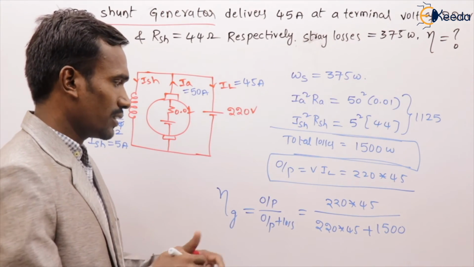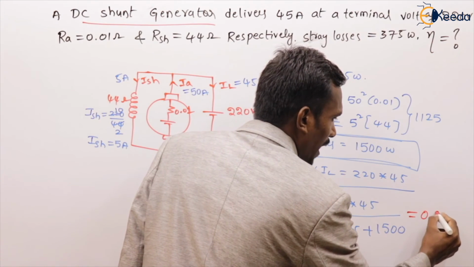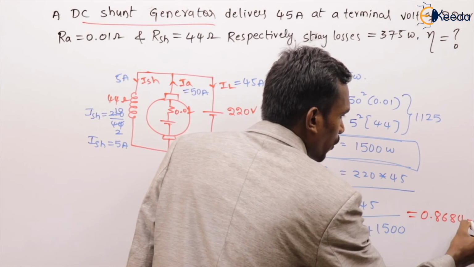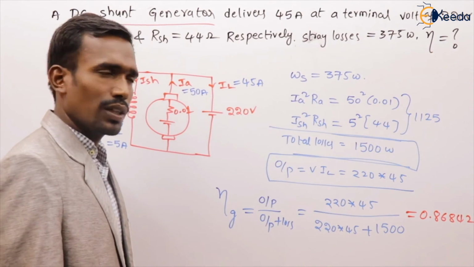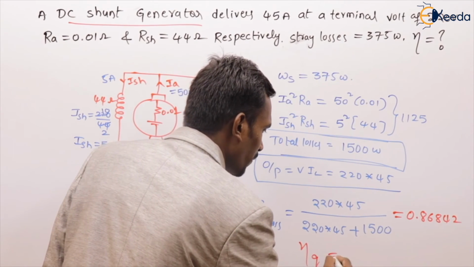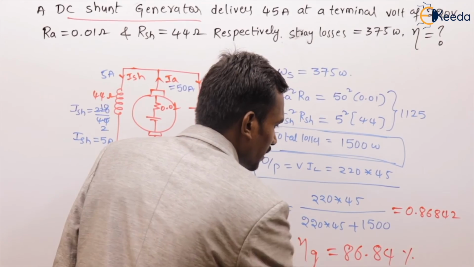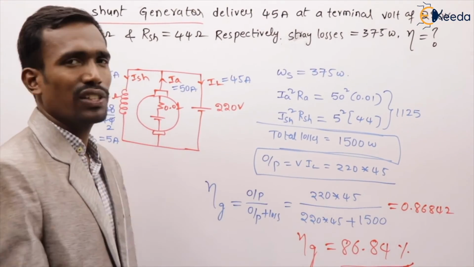If you solve this, you get 0.86842, nothing but the generator efficiency is 86.84 percent.